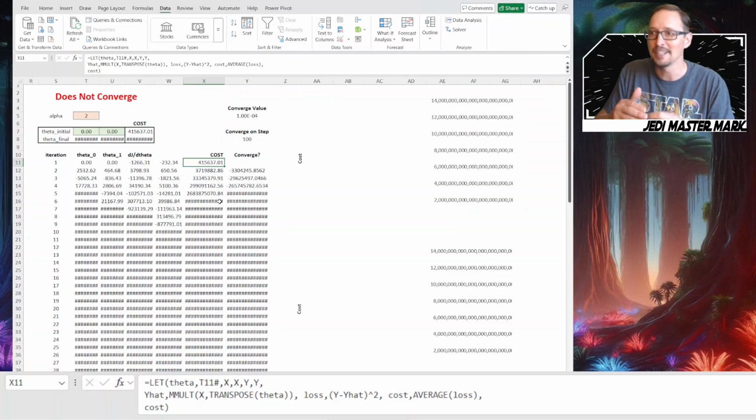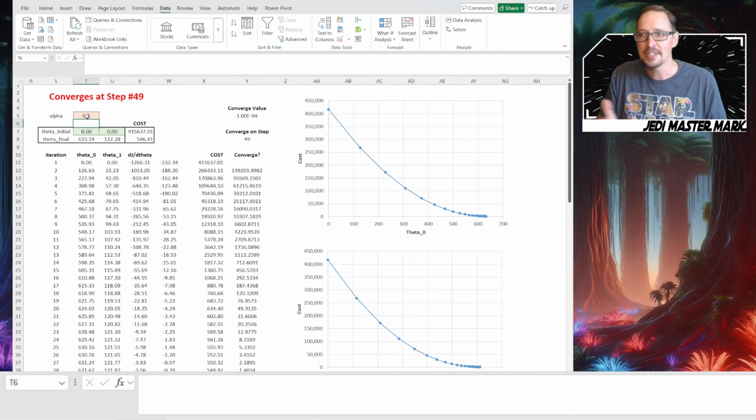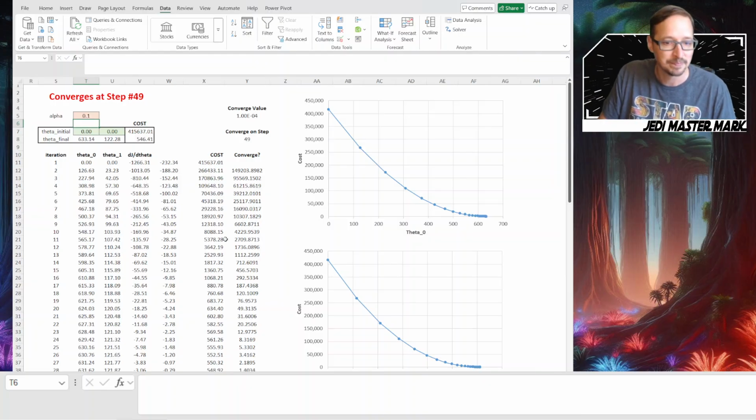So you're going in the wrong direction. That's what this alpha hyperparameter does, especially in gradient descent. And this example is just to show you how gradient descent works on a very simple problem.